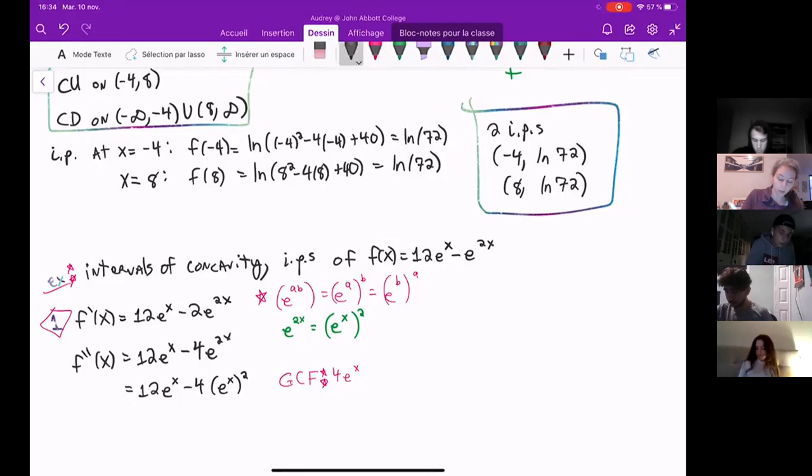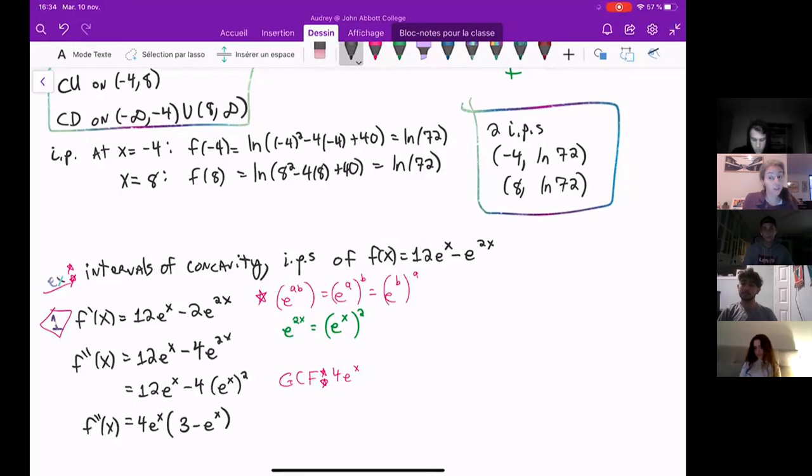So then when I factor out the 4e to the x, what's left over? Three minus e to the x. You got it, 3 minus e to the x. And that is my simplified second derivative.